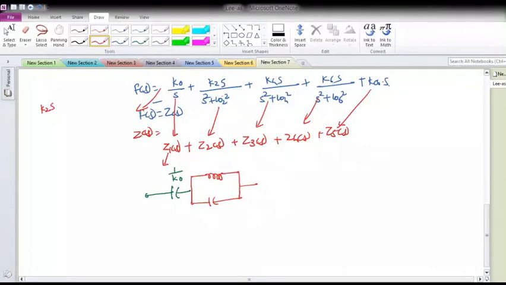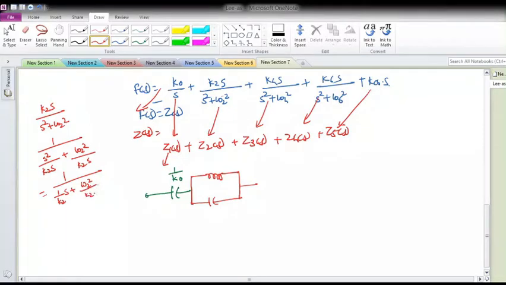If I would like to realize K2S upon S square plus omega 2 square, I will convert it into admittance, which will be better for the realization. So it will be S square upon K2S plus omega 2 square upon K2S. So again this will be 1 over K2 into S plus omega 2 square upon K2 into 1 by S.